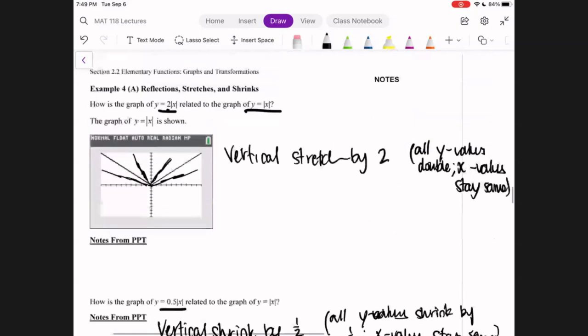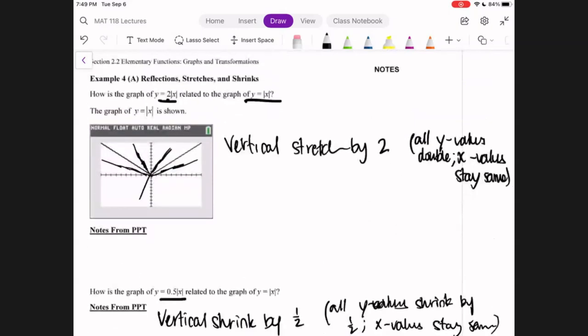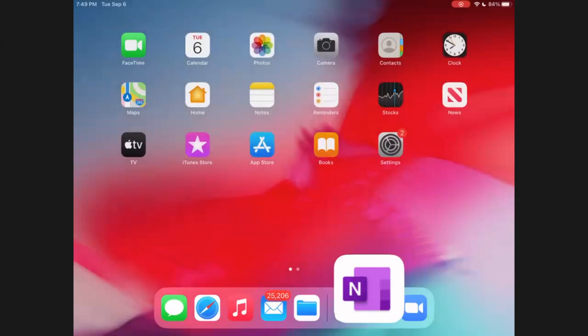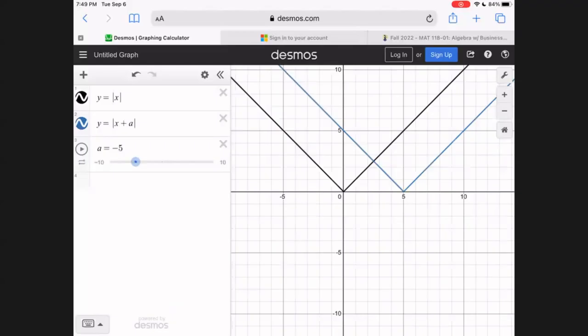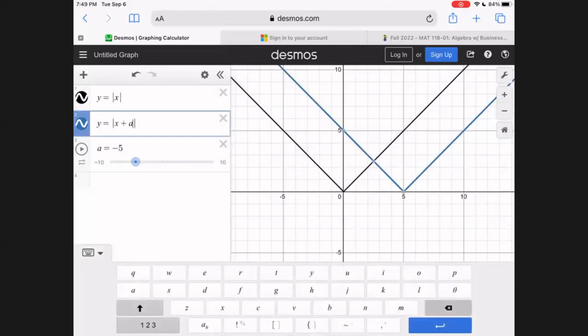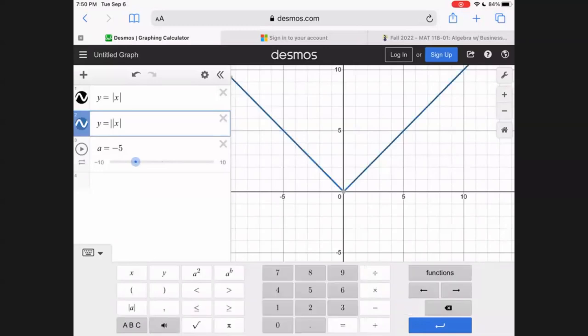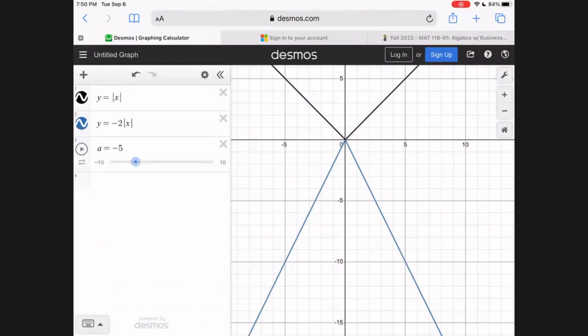So this would be one that would look somewhat like this. It would go down. So we can see that real quick on Desmos, that if I had a -2 in front, we see that now it's on the bottom and it's actually more steep, so it's been stretched. Okay.